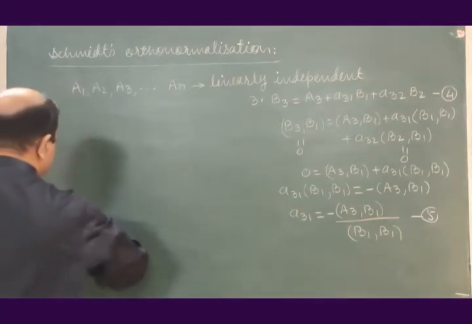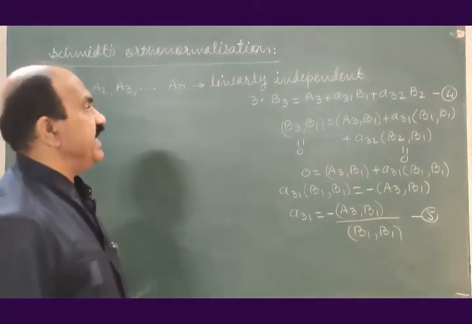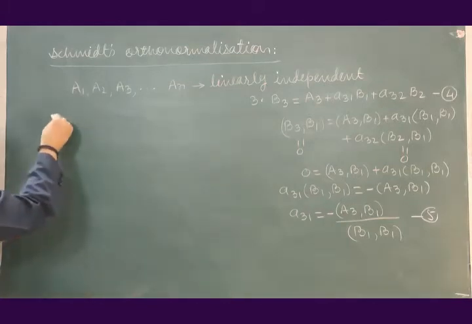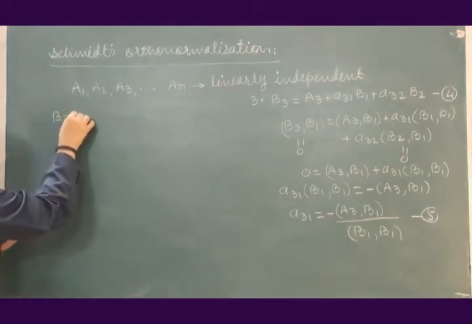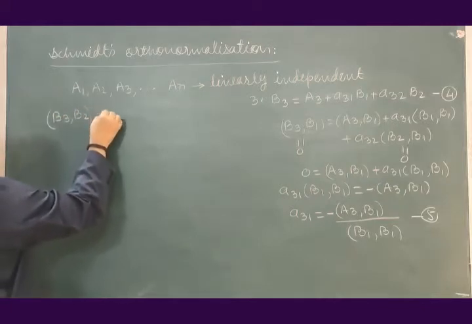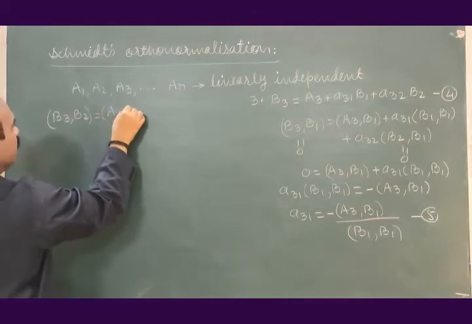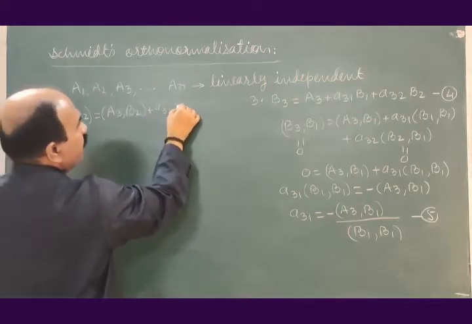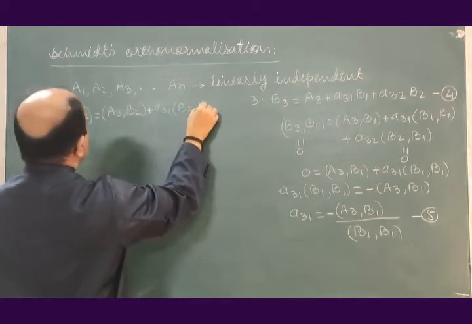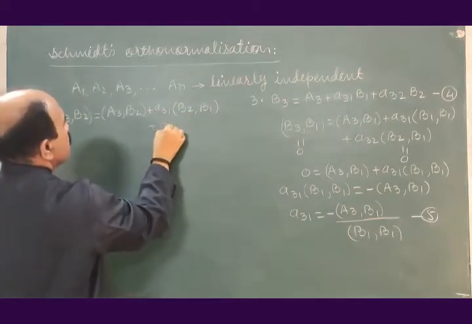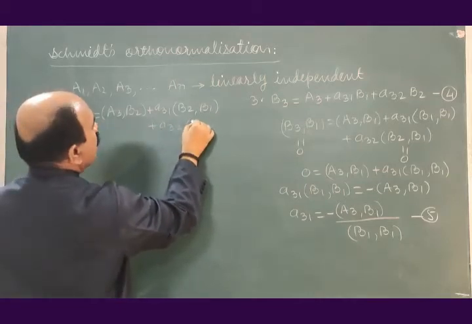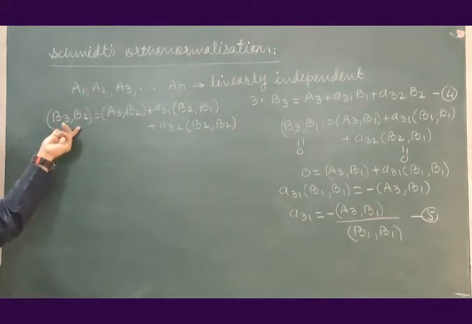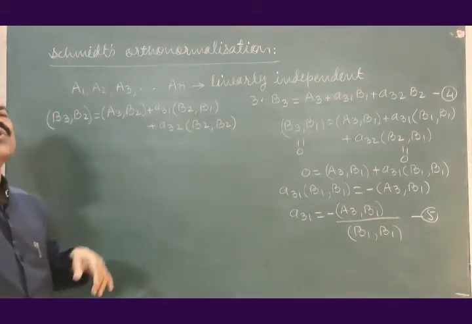We have to use the property that b3 and b2 are orthogonal, and therefore let us take the inner product of b3 with b2, that will be equal to the inner product of a3 with b2 plus a31 (b1, b2) plus a32 (b2, b2). b2 and b3 are orthogonal to each other, b2 and b1 are orthogonal to each other.